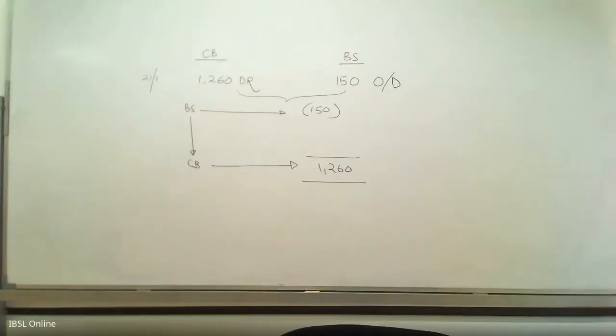Let me open the bank reconciliation. So you will see in the question, what are the transactions that will lead to this difference? Can anyone identify?